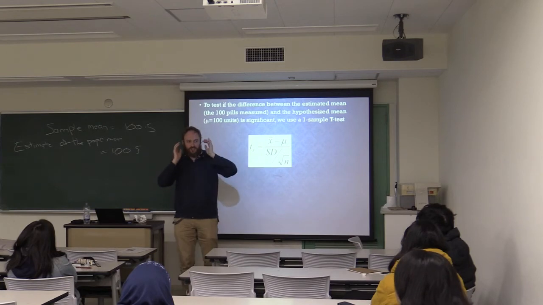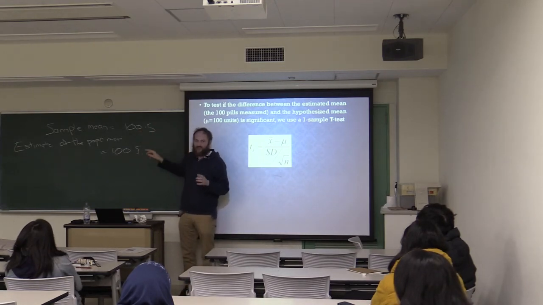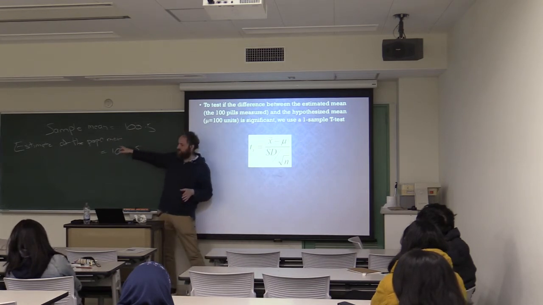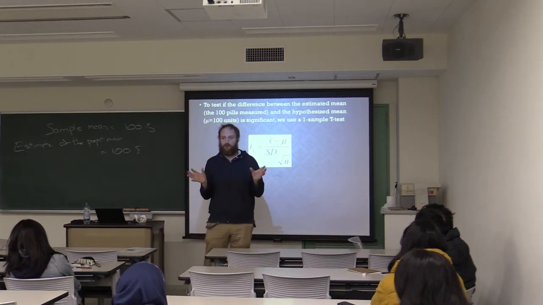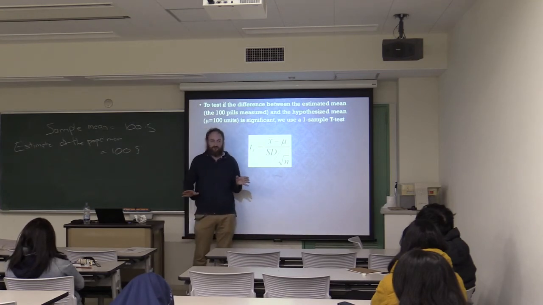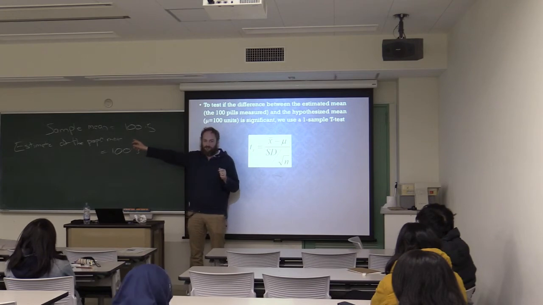That's actually true. This is true. This is an estimate. The population mean, we don't know. We don't know what the actual value is for all of the pills in the world. But we know it's probably around about 100.5, because of the sample mean.